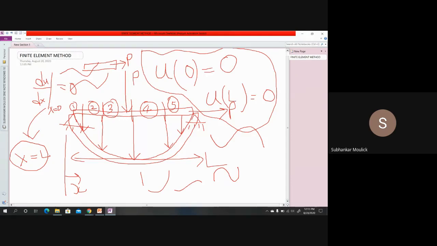It can be a into cos pi x by L. But if in the same problem you apply the load in the linear direction, then your trial function will be u cap of x equals a naught plus a1 x plus a2 x square, a quadratic function. It can be a naught plus a1 x plus a2 x square plus a3 x cube, a cubic function, and so on.